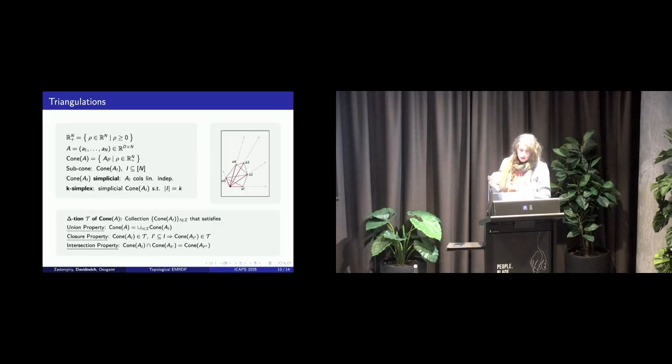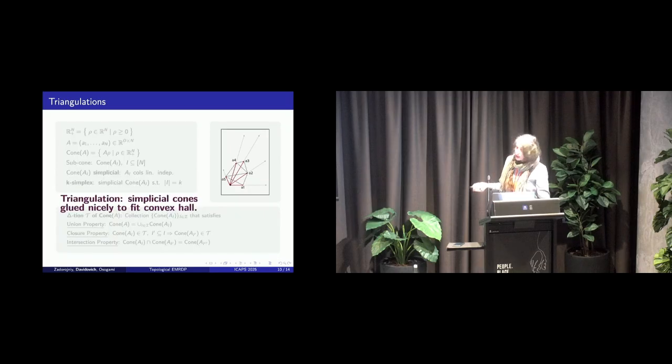The union, closure, and intersection properties tell us how we're allowed to glue simplicial cones together. And intuitively, what they really say is that we should glue them together nicely along their facets so they perfectly fit into the conic hull of the vector configuration.